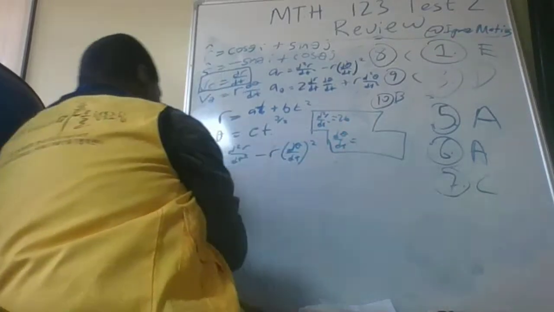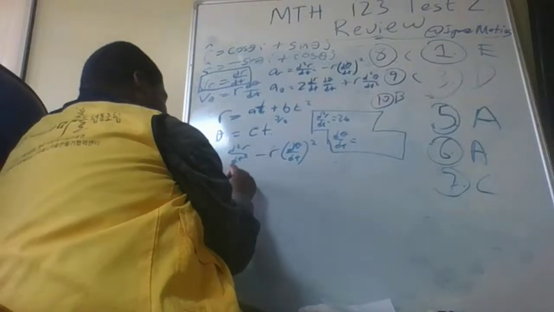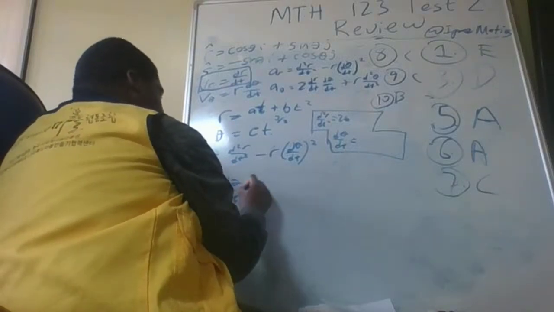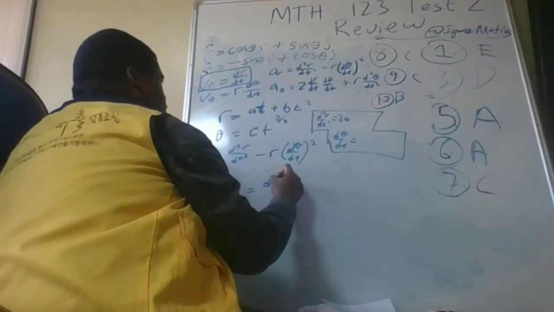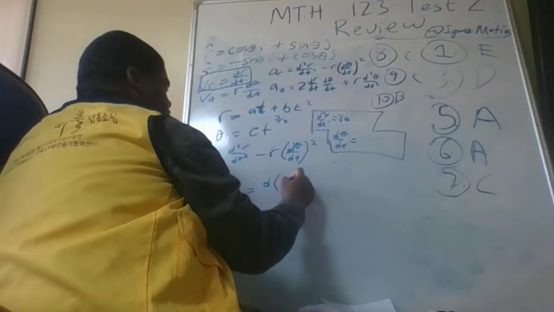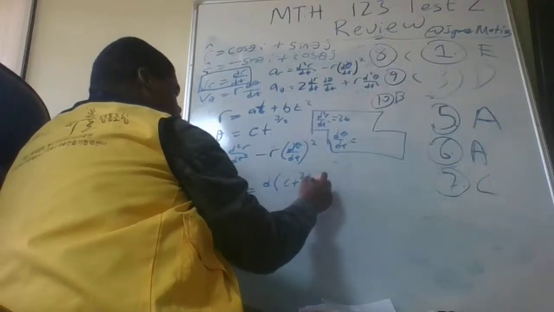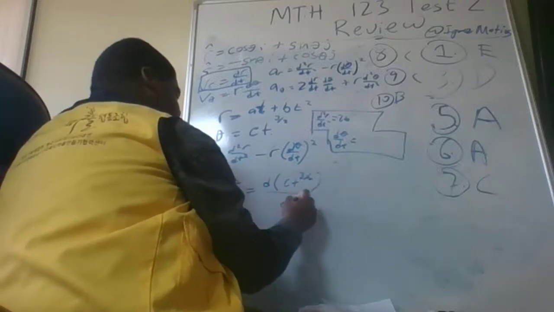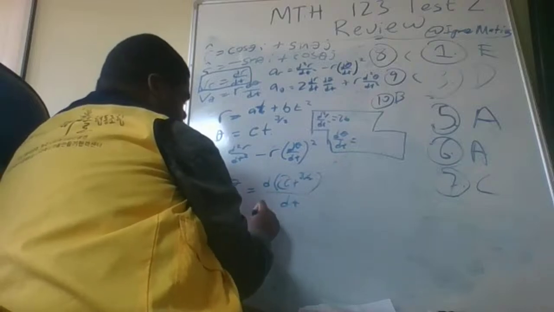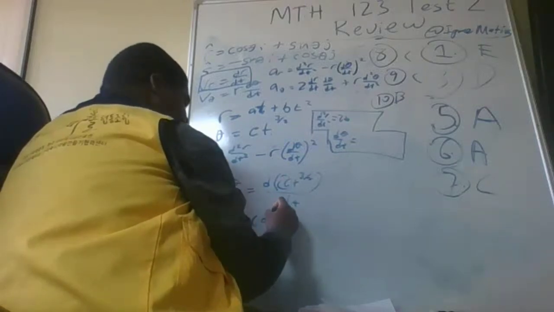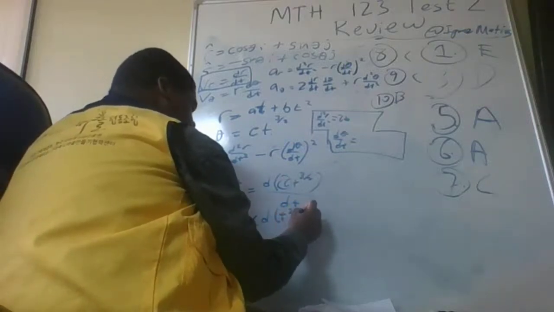Our first derivative of theta with respect to time, dθ/dt, is going to equal the derivative of c t to the power of 3 over 2. c is a constant, so you can bring it out as c times the derivative of t to the power of 3 over 2.